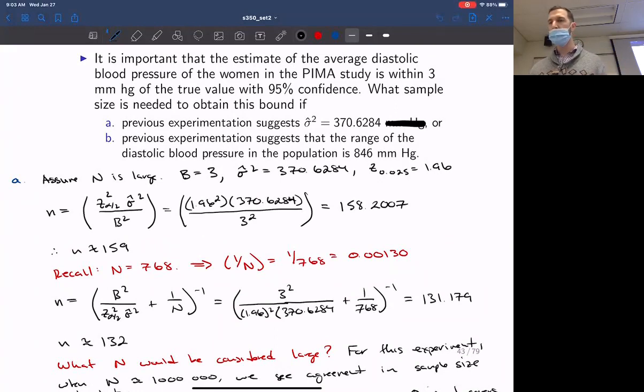We had a previous variation of 370.6284. In that particular case, N being large enough was around 1 million. So a population size somewhere in the neighborhood of 1 million would be large enough that we could ignore the correction. But before that, we noticed quite a bit of deviation between the values if we kept the finite population value in or ignored it, which is what we have illustrated on the slide here.